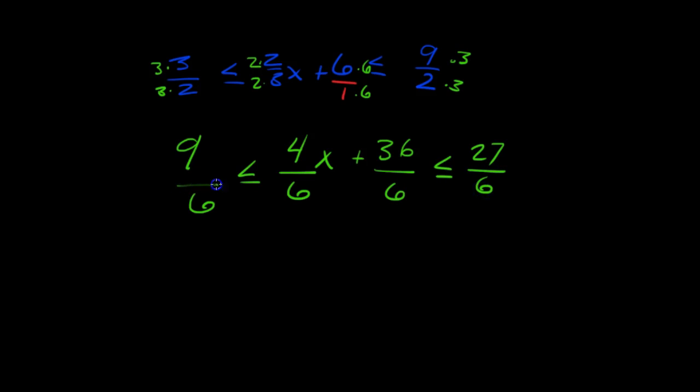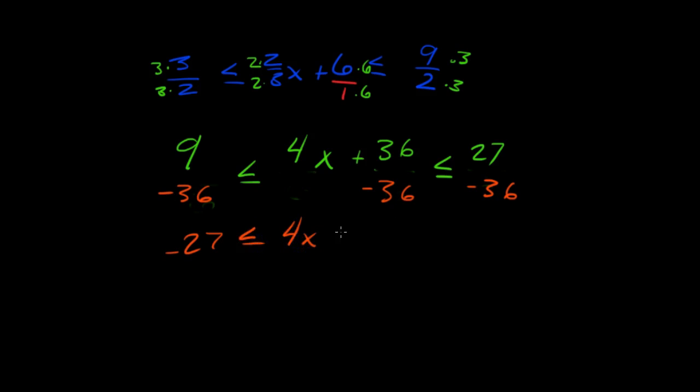And then we would just get rid of the denominators. And then we would solve this problem just as we would solve any other problem. We would, for example, subtract 36 from each part of the problem, being careful of our arithmetic here, and then we would divide everything by 4.